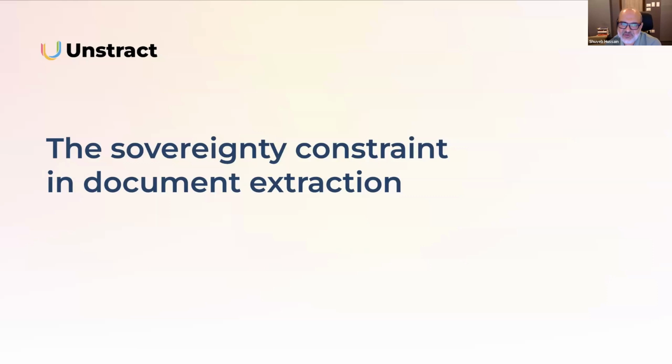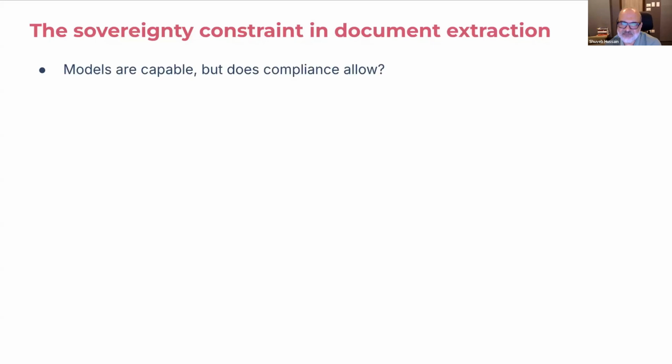So when you talk about document extraction, there can be a lot of constraints when it comes to sovereignty, as Mahashri spoke about. You do have good models, but does your compliance team allow you to use those models?